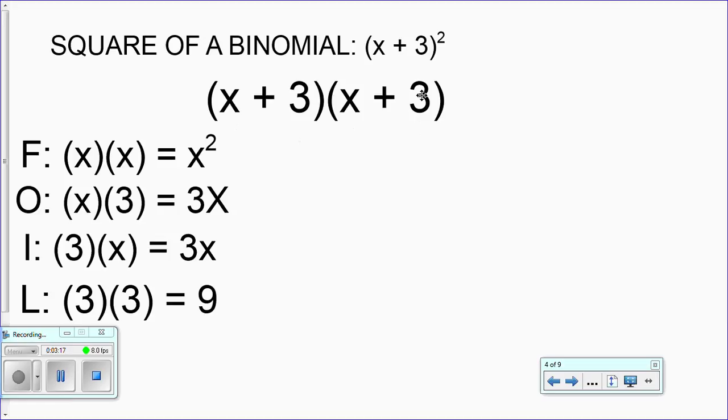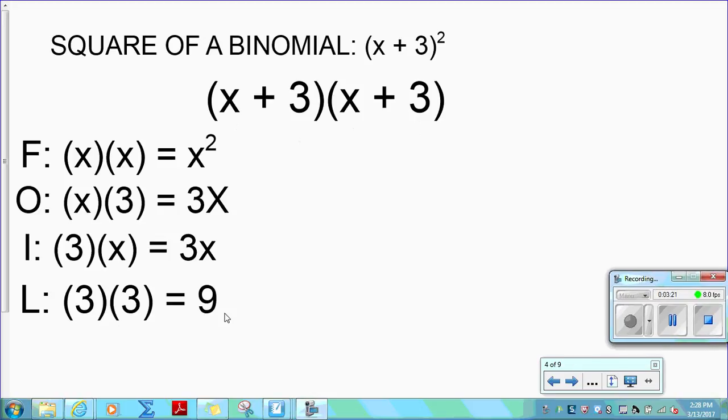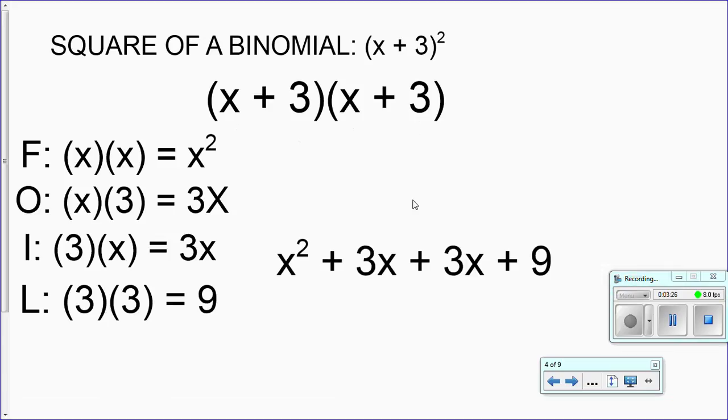Last is going to be the 3's, so 3 times 3 gives me 9. So I can write all these terms out. I get x squared plus 3x plus 3x plus 9, which I simplify by combining the like terms. And I get 6x in the middle. That's my answer.